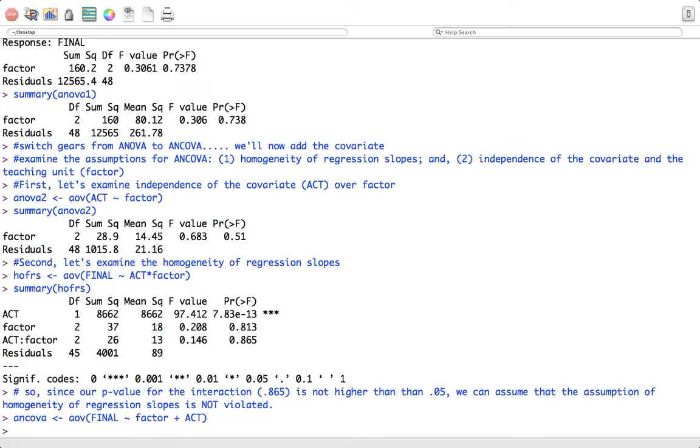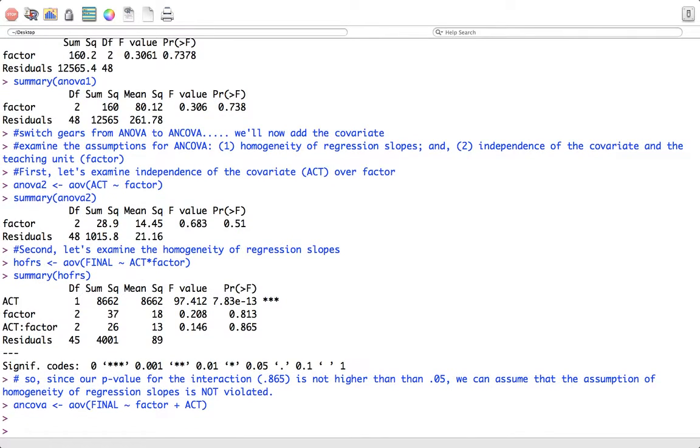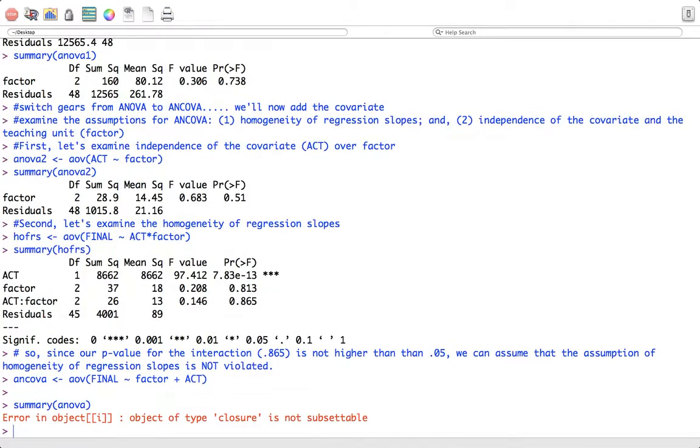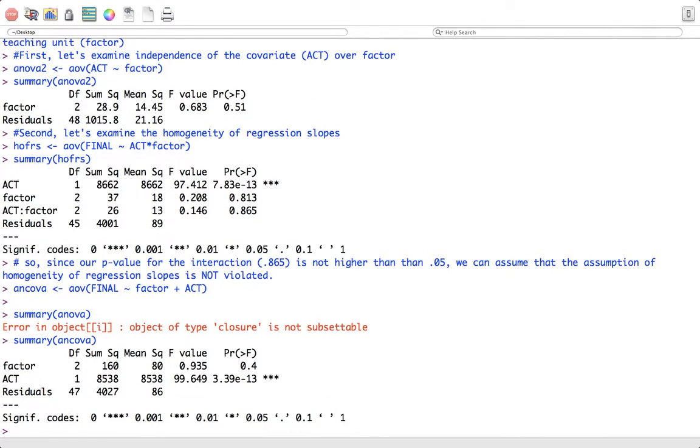Now, keep in mind that, and I'll tell you what, this is worth illustrating. Let's do a summary of ANCOVA. Okay, and I want to point something out again.